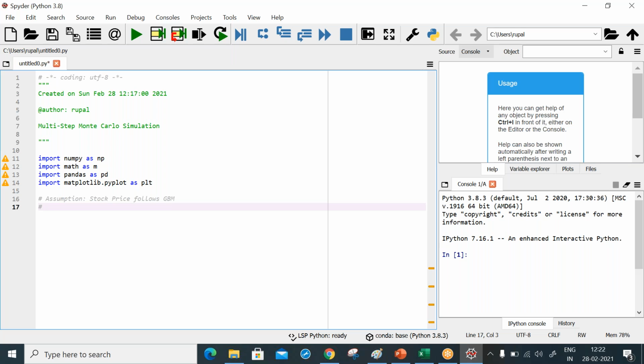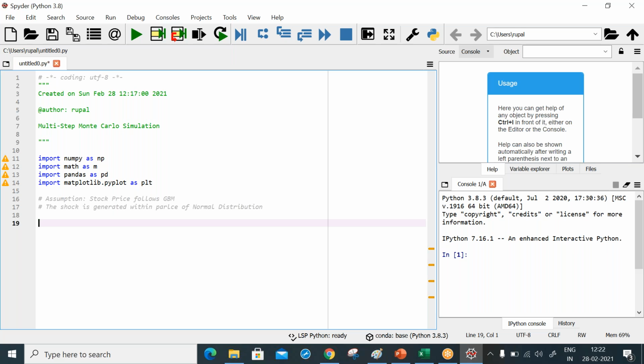And then another assumption is that the shock is generated from a normal distribution. So these are the two assumptions. I think the second assumption is not even required to be written, but I have written it for the sake of understanding, although it's very clearly understood.